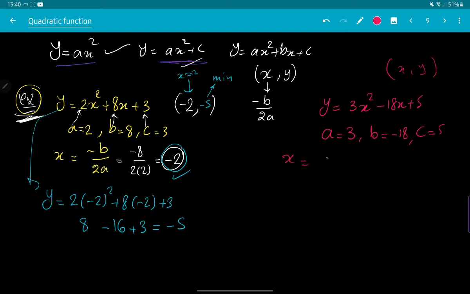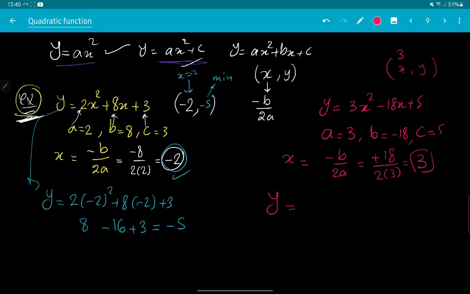Now to find x, negative b over 2a, which is negative 18, it will be positive 18 over 2 multiplied by 3, which is 6. 18 over 6 is 3. So x equals 3. And this is the equation of the axis of symmetry.